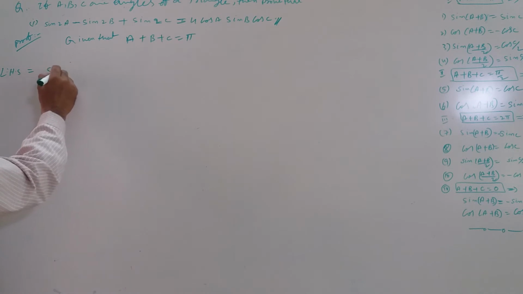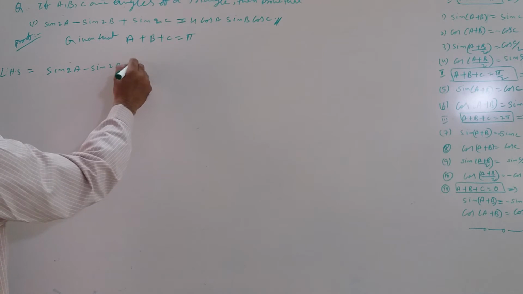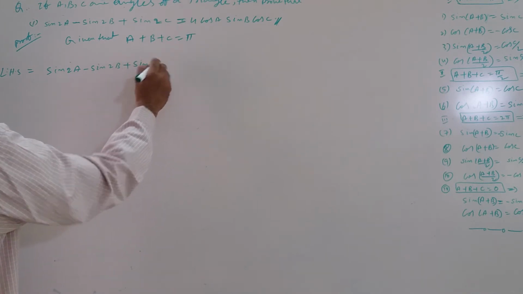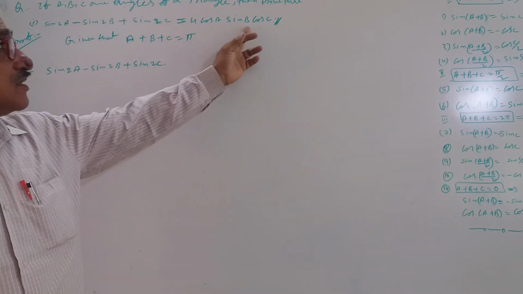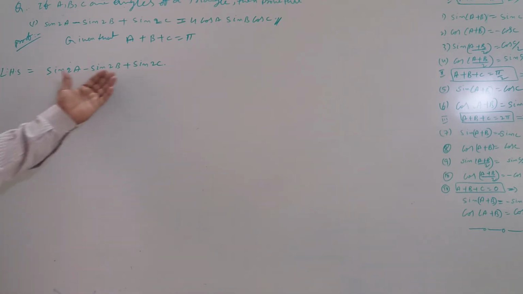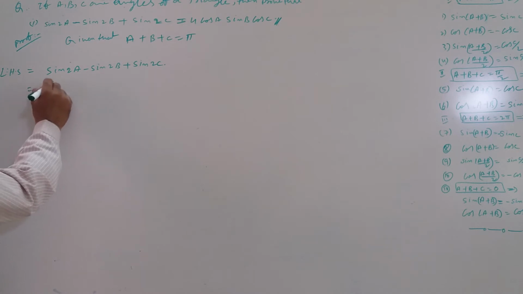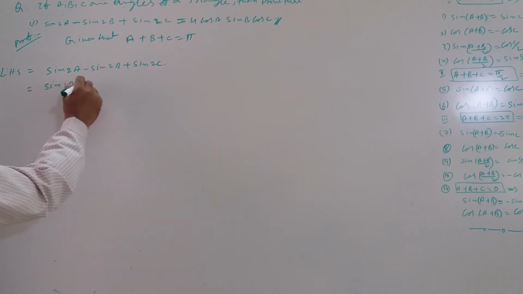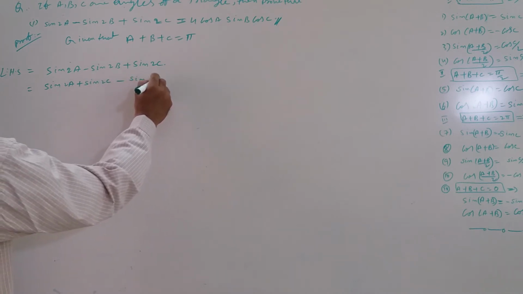What is given? Sin 2A minus sin 2B plus sin 2C. Here minus sin 2B is there, sin B is there, the remaining two are cos A and cos C. So we have to rearrange the terms like this: sin 2A plus sin 2C minus sin 2B.